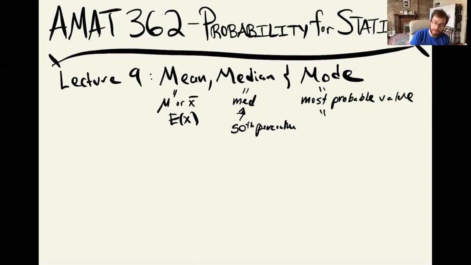Which maybe mathematically you might write out as the value x that maximizes your probability mass function. So you try to maximize over all possible values for x, and you look at the probability for each of those, and then the largest one, the x that maximizes that is your mode.